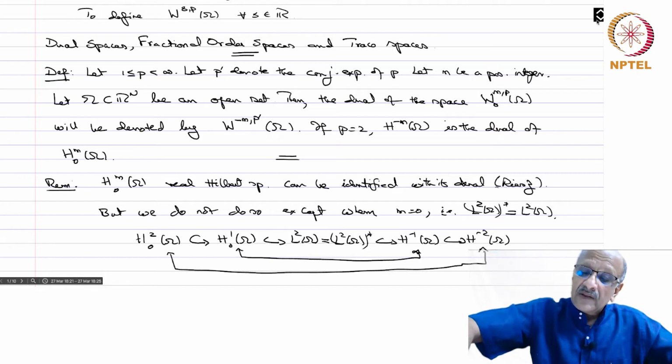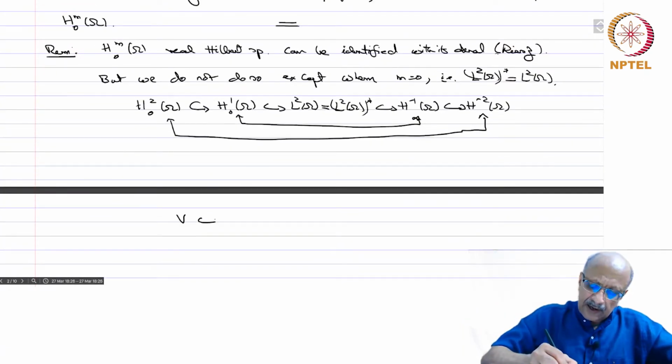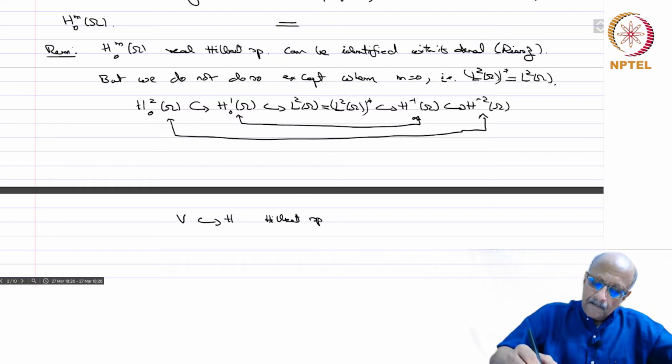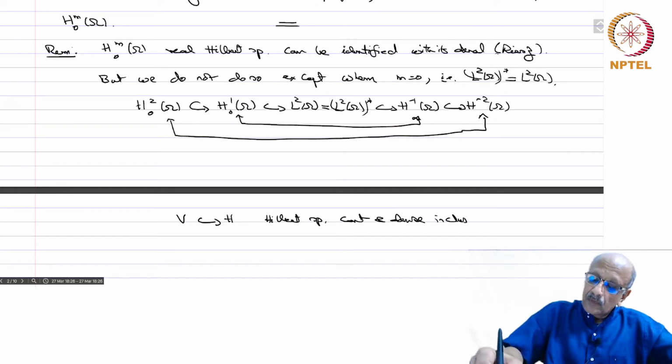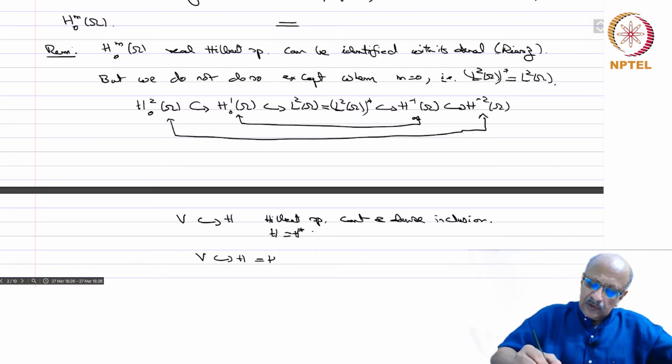Now why do we have these inclusions? Because in general, if we have V contained in H, Hilbert spaces, continuous and dense inclusion, H identified with H star, then we have V is contained in H, which is equal to H star, which can be identified as a subspace of V star.